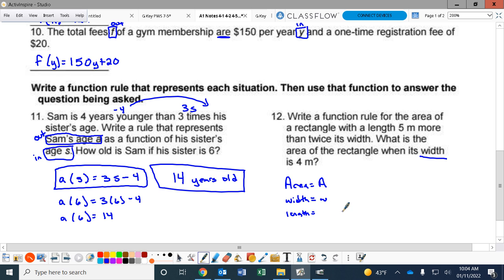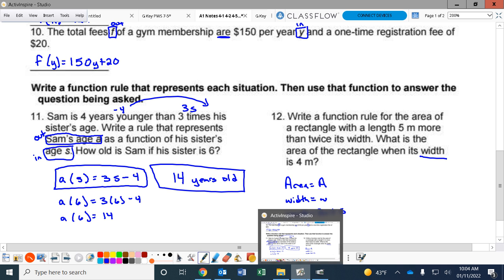Guys, when we do the length, it says the length is 5 more than twice the width. How do we get 5 more than twice the width? Plus 5 goes at the end, and then what did we put here? 5 more than what? 2W. Good. Twice the width. 5 more than twice the width. That'd be 2W plus 5.